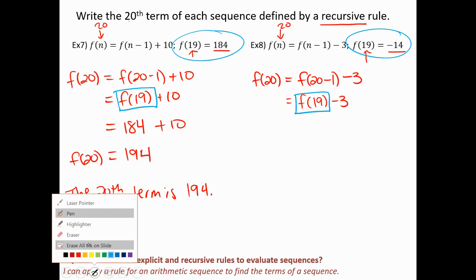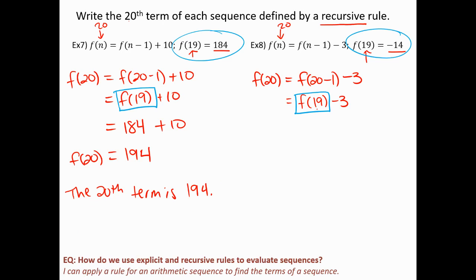So I'm going to substitute, instead of f of 19, what it equals, which is negative 14. And then that allows me to get f of 20. Final answer is negative 17. And again, if I wanted to say it in words, I would say the 20th term is negative 17.